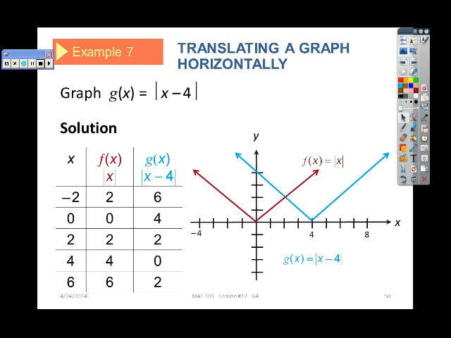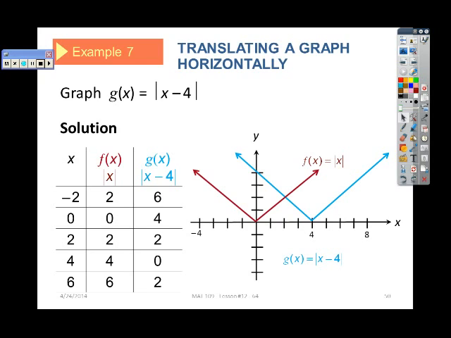If you plot these points, they'll be over here. The shape did not change. It still has the same slopes to the lines. The anchor point does not move up or down. What happened is it moved to the right 4 units. Whatever this number is, that's how far it's going to move.